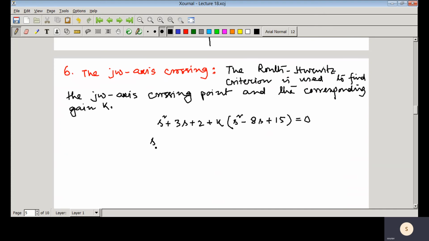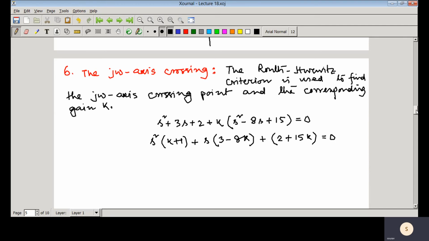Taking s square common, we get (K plus 1) s square plus (3 minus 8K) s plus (2 plus 15K) equal to 0.